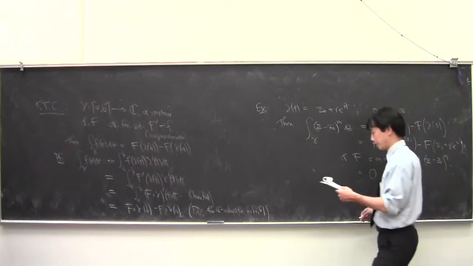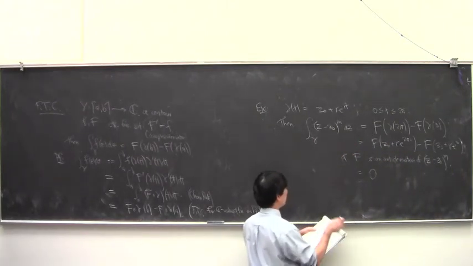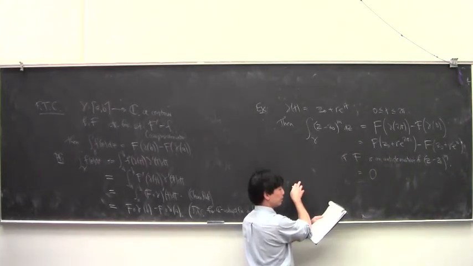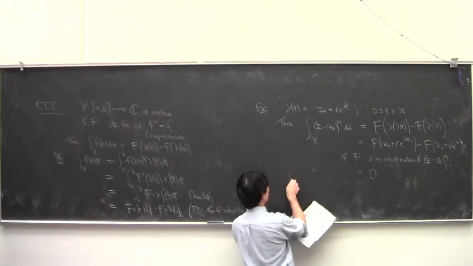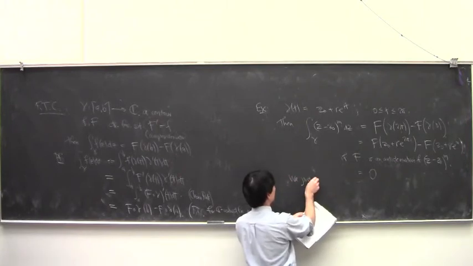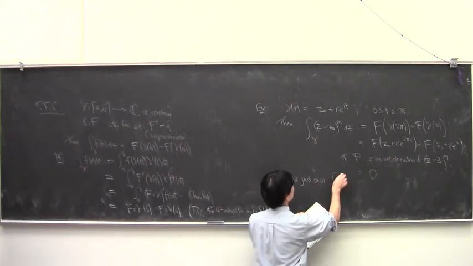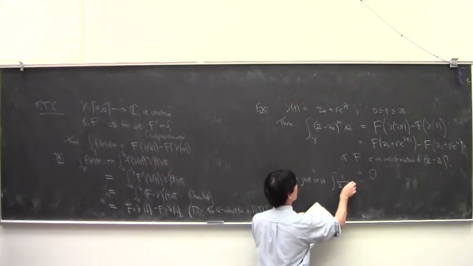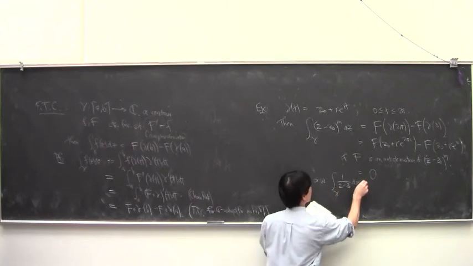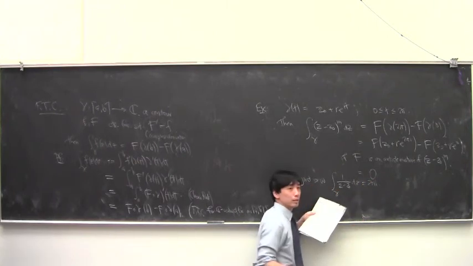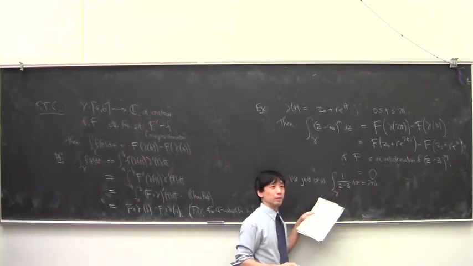So now notice we just saw that the integral of 1 over z minus z naught dz is actually 2 pi I. It's not 0.